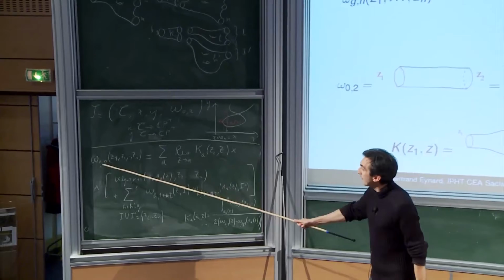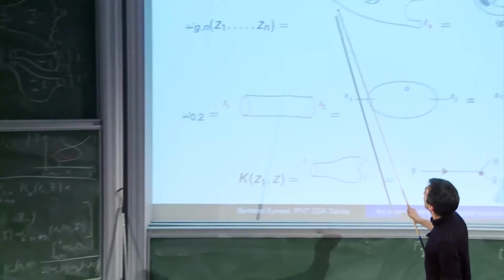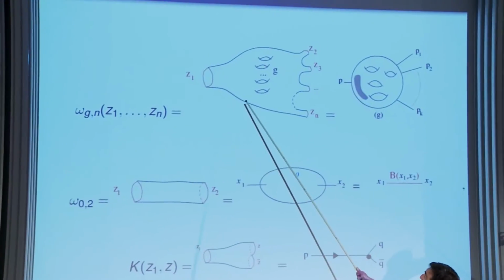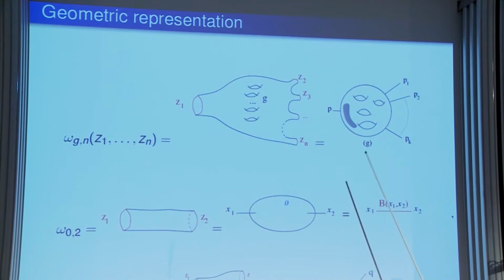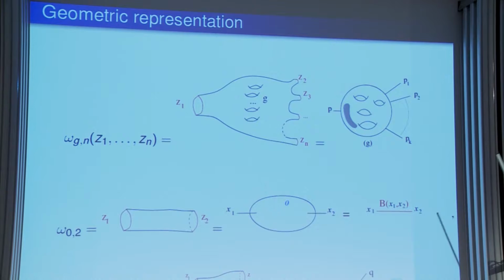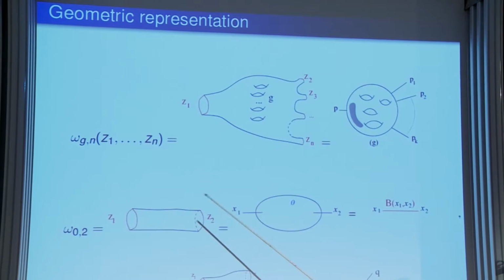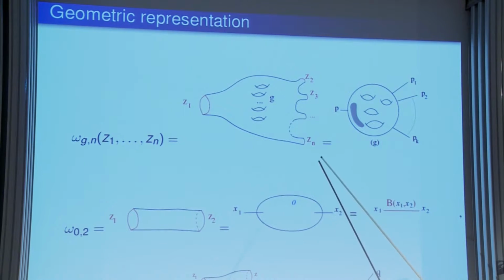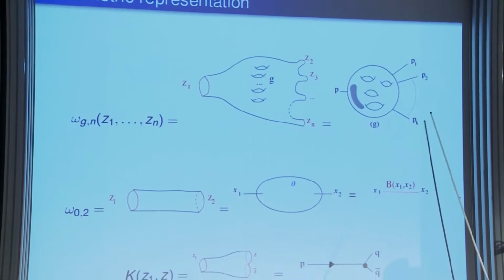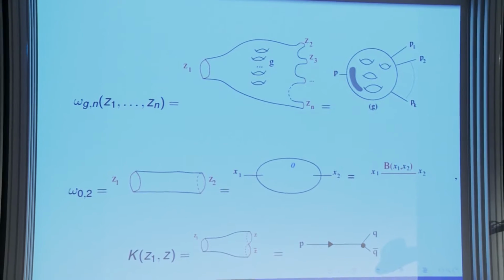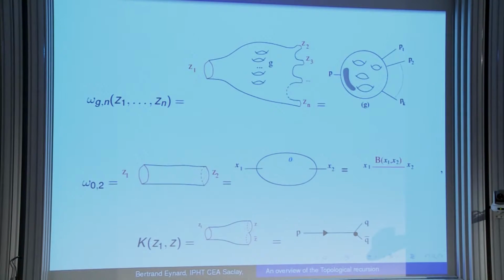First, the omega gn, just represent it as a picture representing a surface of genus G with n boundaries. So it's just a picture which represents that object. Sometimes I represent it with boundaries, and sometimes with punctures. It's a matter of what you prefer.